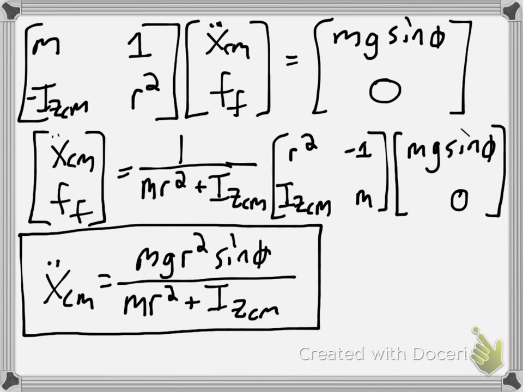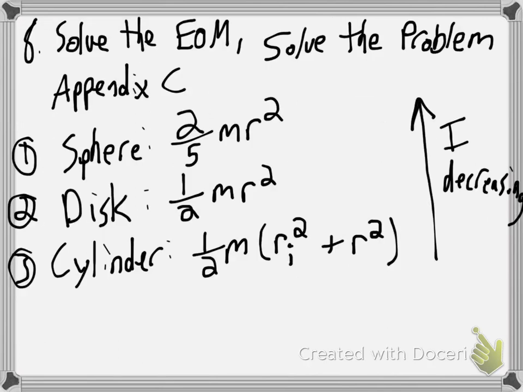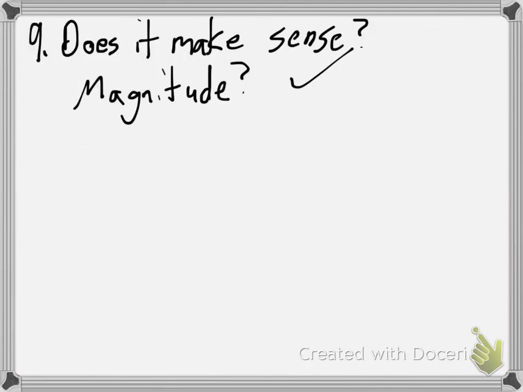So it is a small acceleration, much less than gravity, but still positive. So the magnitude does make sense. You can't accelerate faster than gravity, and that is proven through that simple analysis.